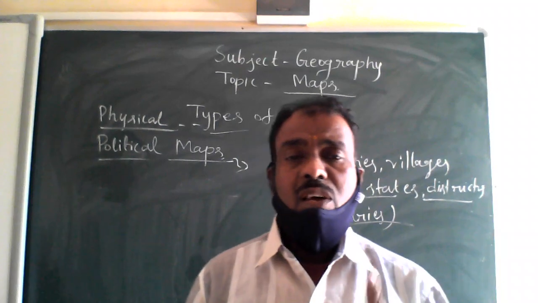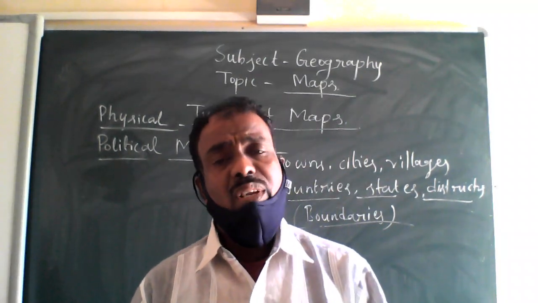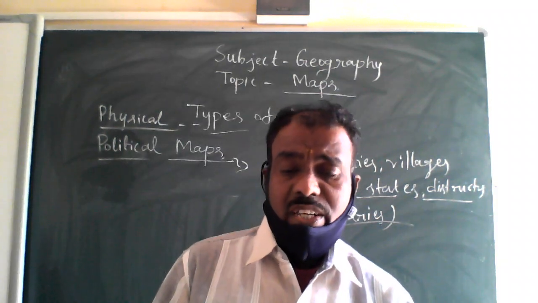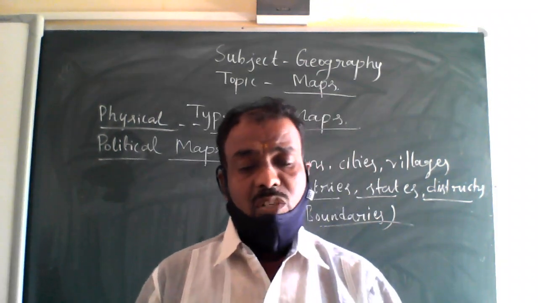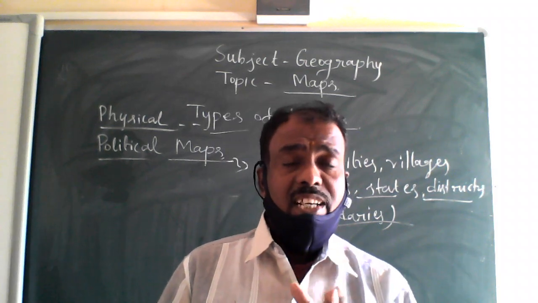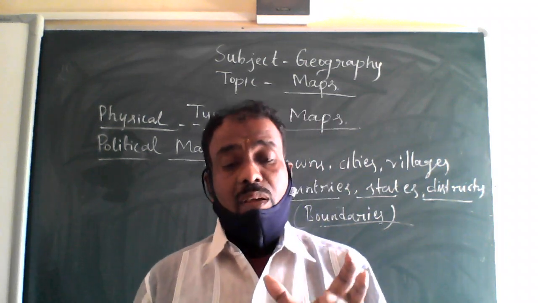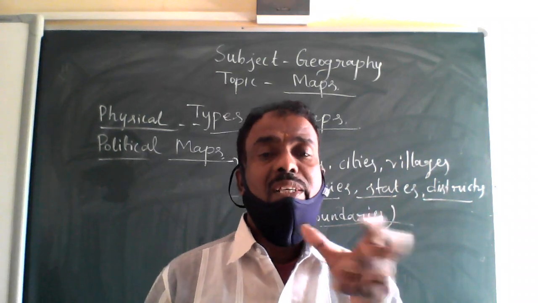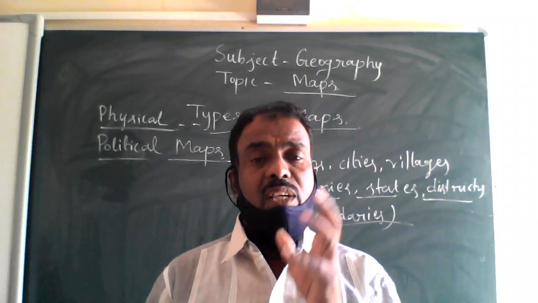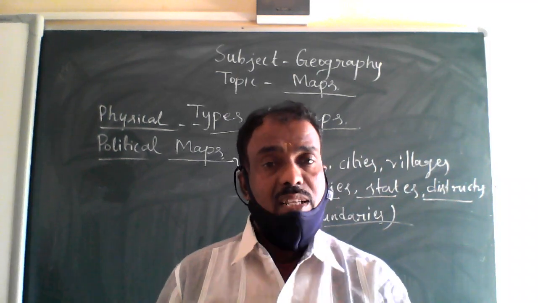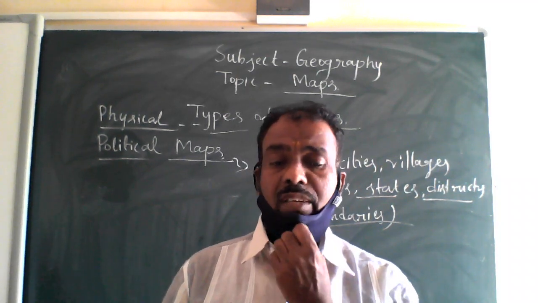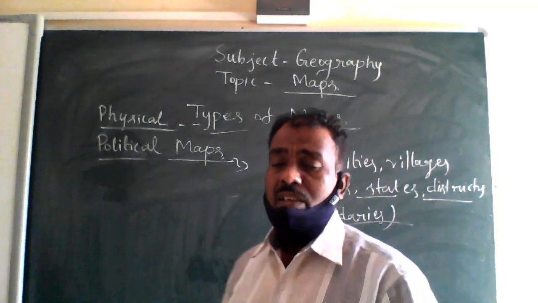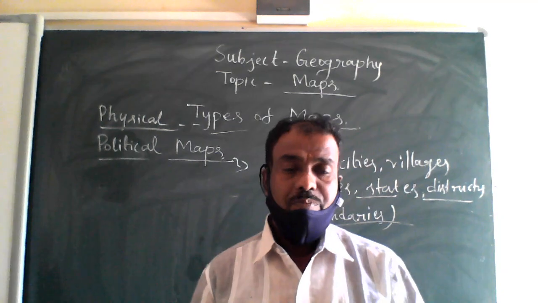So political maps are showing towns, cities, villages, countries, states, districts, and so on. And also the different states and countries with their boundaries, the boundary of the respective regions or the country. That is also shown in political maps.